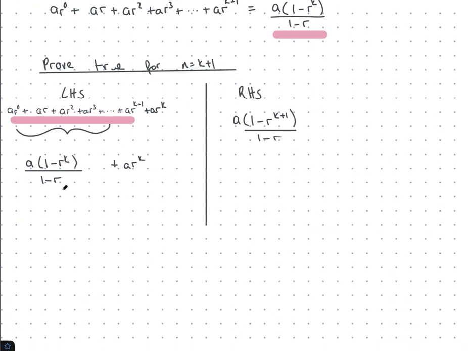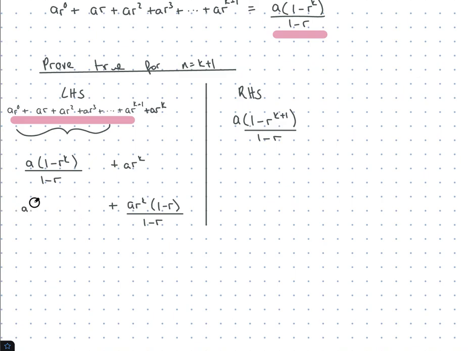So what do I need to do then to get to have these as one fraction? Because that's what I have on the right hand side here, is one fraction. Well, to do that, I'm going to multiply this top and bottom by 1 minus R. So then I'm going to have A R to the k by 1 minus R all over 1 minus R. So that's just an algebra skill. Nothing new there.